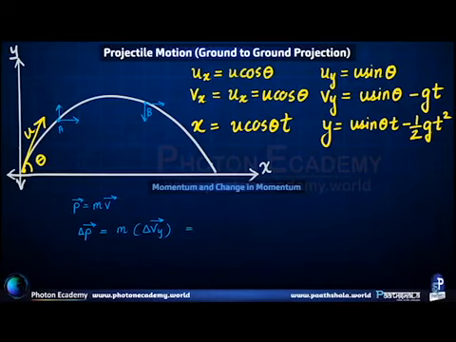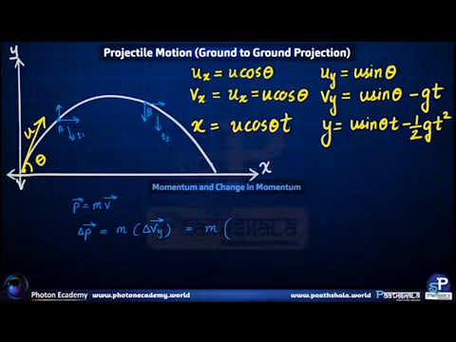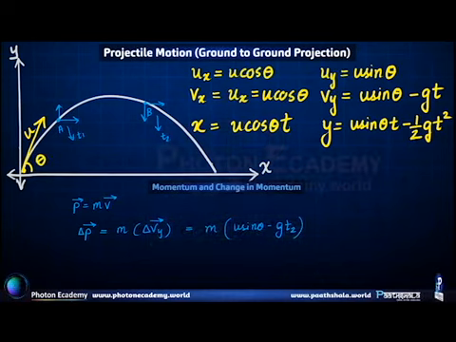So this is given as mass into, let's say this happens to be at time t1, and this happens to be at time t2. So mass into, what is the y component at time t2? It is u sin theta minus g t2. So this is the final momentum, which is the momentum at time t2 or at point B in this diagram, minus m into u sin theta minus g t1.